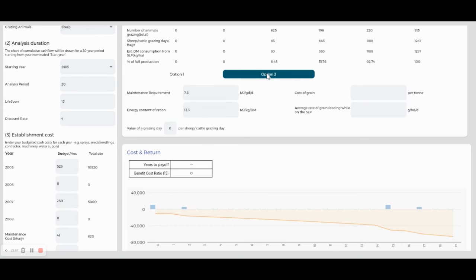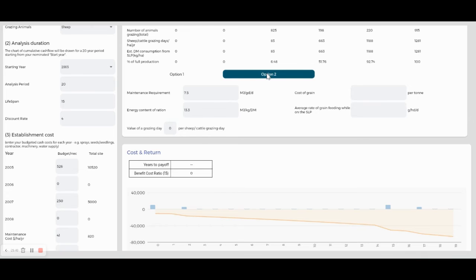So in order to do the calculations as a substitute for grain feeding, we need to know the amount of grain that would have been used in order to achieve the same animal performance as was achieved on the saltbush. And so we've mostly looked at the number of grazing days as grazing days while the animals were maintaining weight.